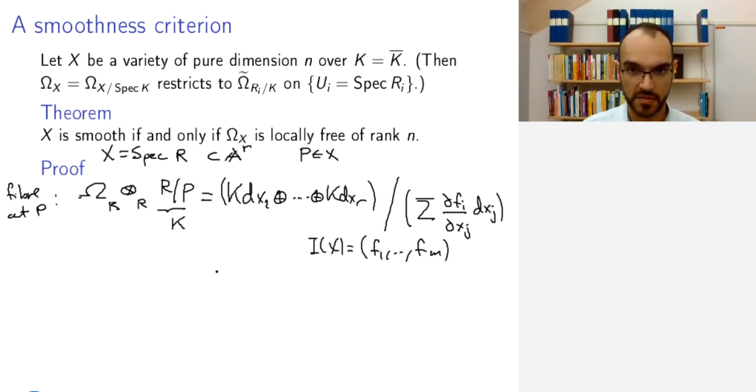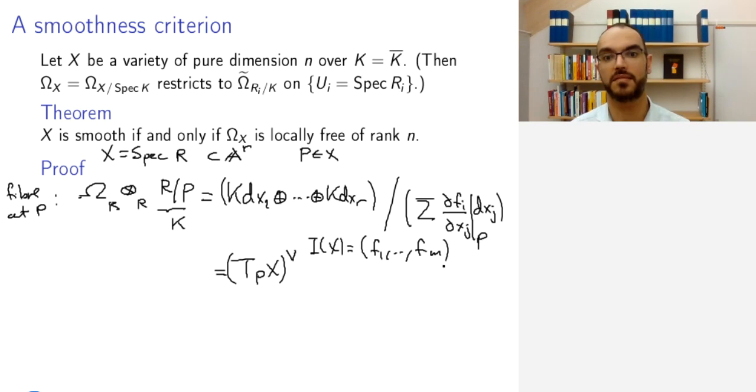And so this is in fact exactly the dual of the tangent space of X at P. I need to specify that this is taken at P. And so this means that our sheaf deserves the name cotangent sheaf.